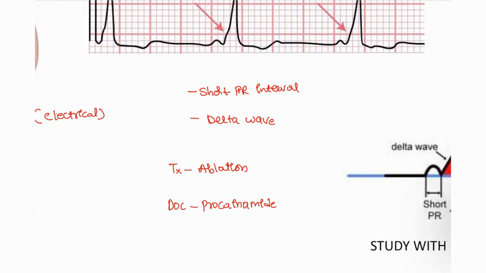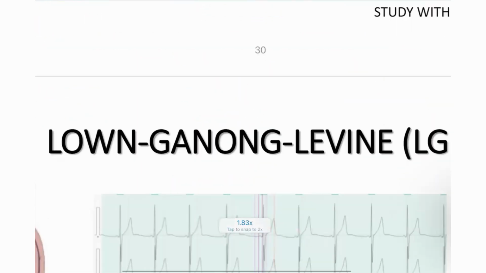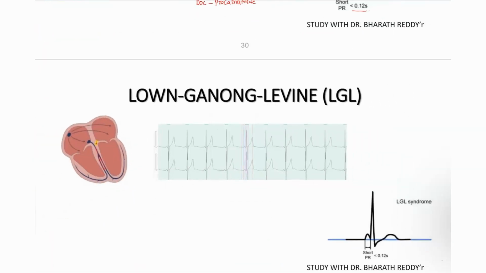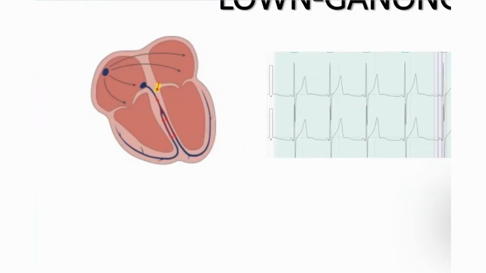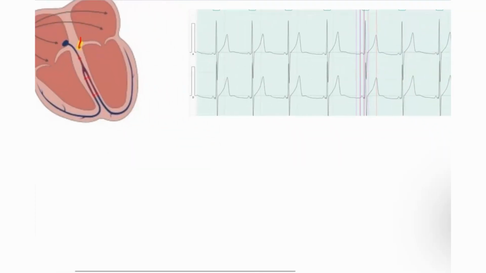Okay, next, moving on to Lown-Ganong-Levine syndrome. So what is Lown-Ganong-Levine syndrome? What is the difference between this condition and the previous one? It is the same, there will be ectopic waves, but these ectopic waves are not going to be through the bundle of Kent, rather they are coming from the other side of the atrial region only. So here there will also be a short PR interval, but no delta wave.